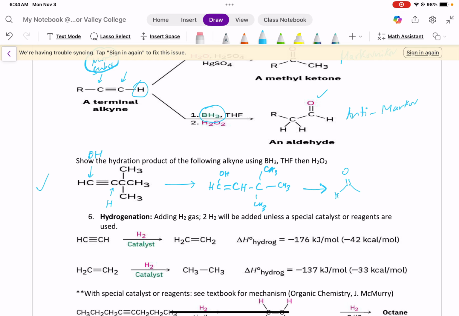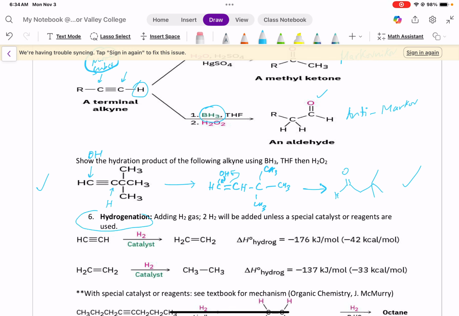Yep, because this carbon will wrap the hydrogen and then become double bond O. So we got 1, 2, 1, 2, 3, 4, 1, 2, 3, 4. There. Okay. All right.